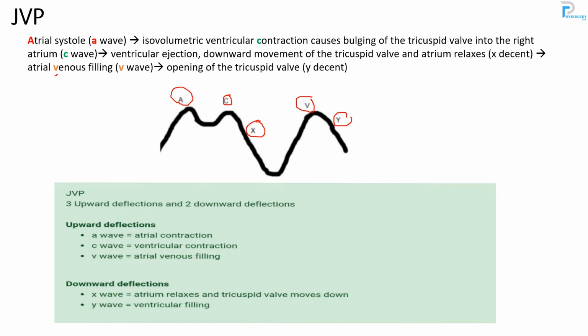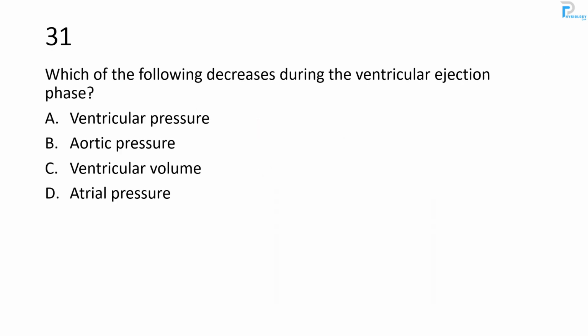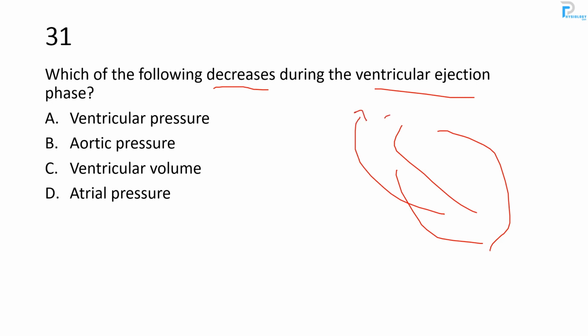The following decreases during ventricular ejection. So here the ventricle is pumping the blood out into the vessels. So which of these decrease? Ventricular pressure, of course, during ejection the ventricle contracts, so ventricular pressure increases. So that is wrong.